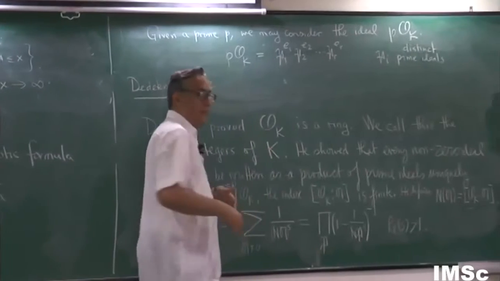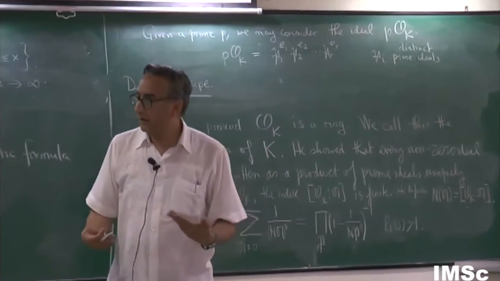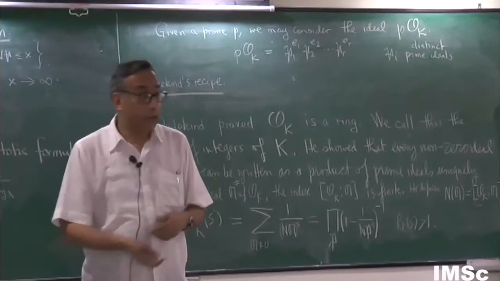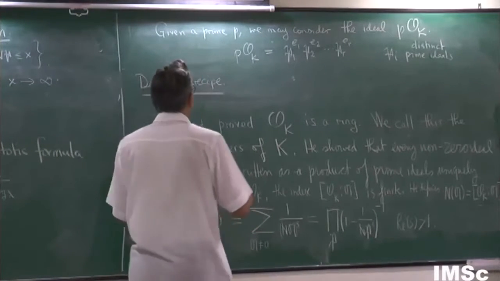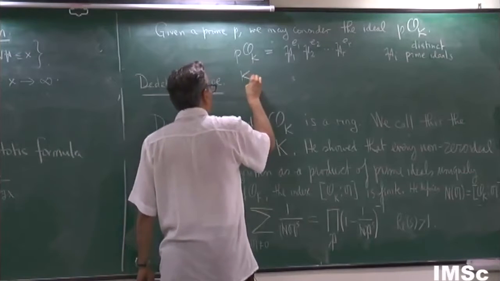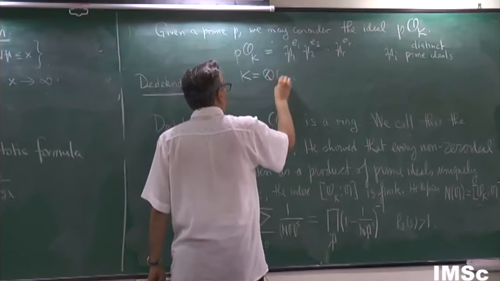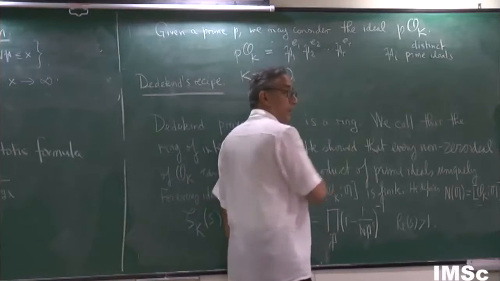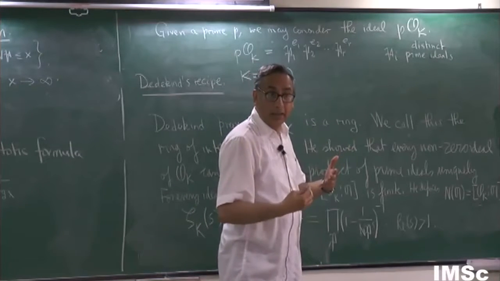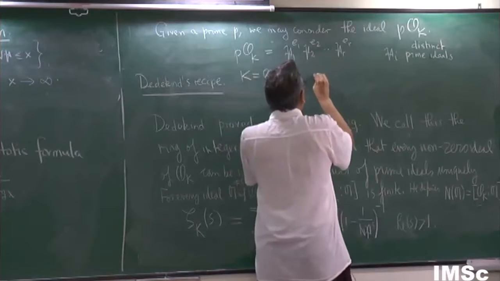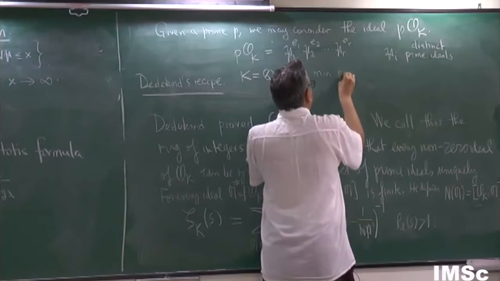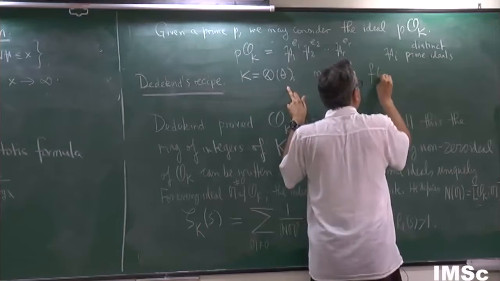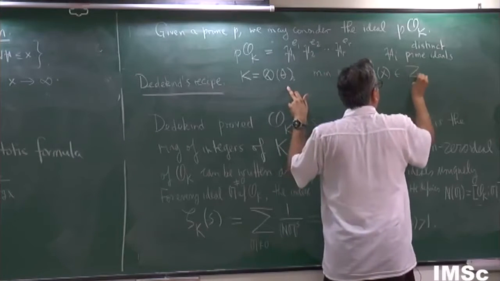Now every number field, by the theorem of the primitive element, can be written as Q(theta) for some theta, where theta is some algebraic number, an algebraic integer actually, whose minimal polynomial, let's say, is f(x) with integer coefficients.